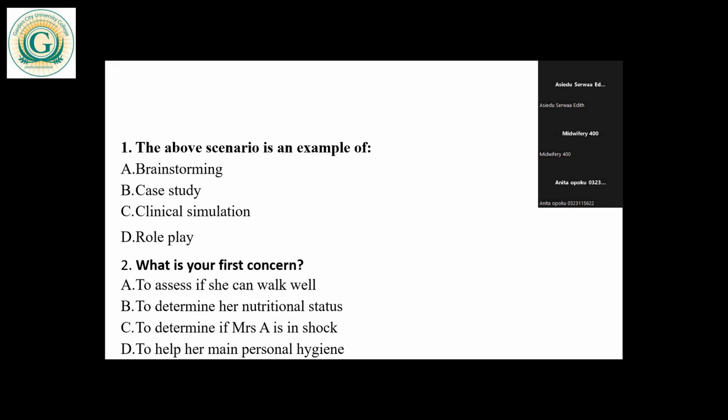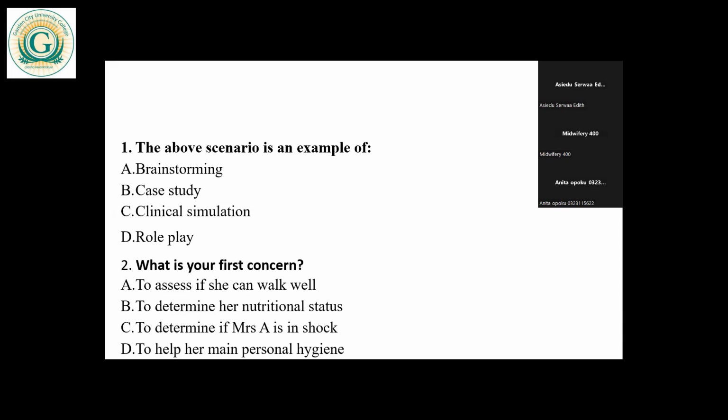And the question is also saying that she has bled. So more blood has gone already. So I would say that your first concern will be if the patient is in shock, because you check vital signs and see if the patient is stable. For the walking, you've already seen with assistance she can walk.